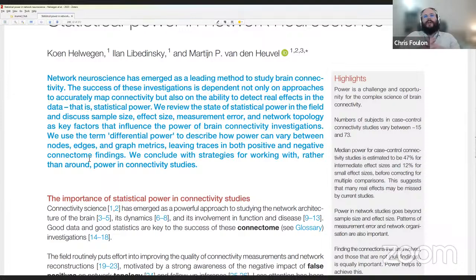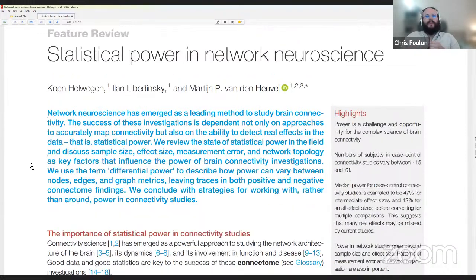And basically they discuss how we estimate the statistical power of studies and some of the hidden things that we don't often consider when we calculate the statistical power that we have in a study, and how we could improve it in the field.